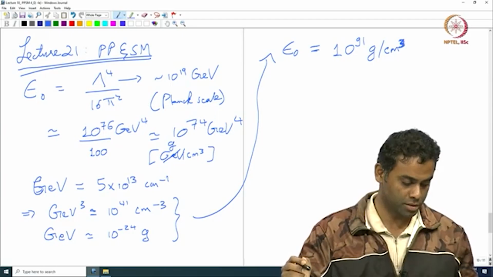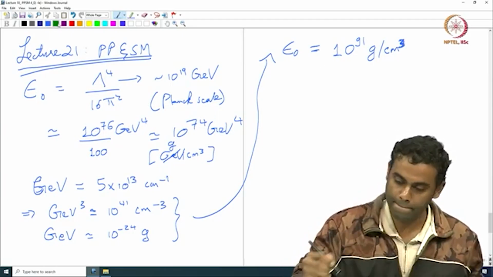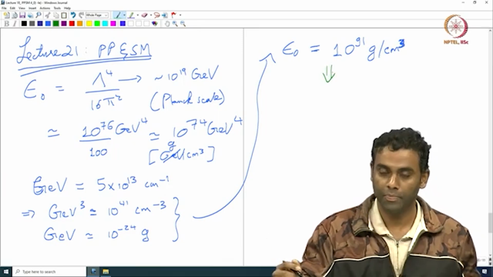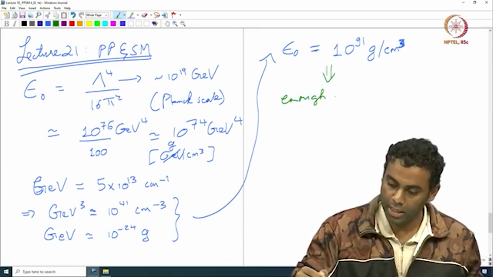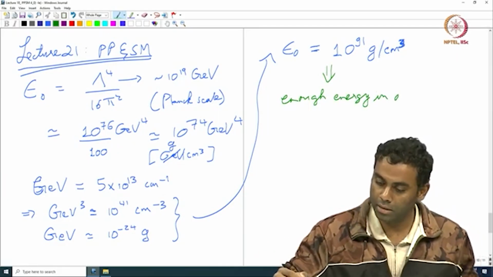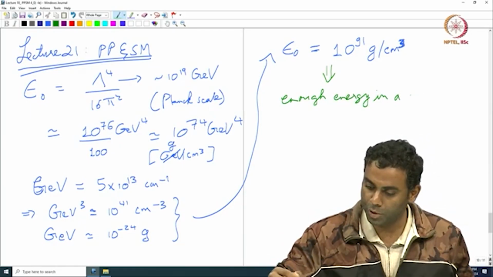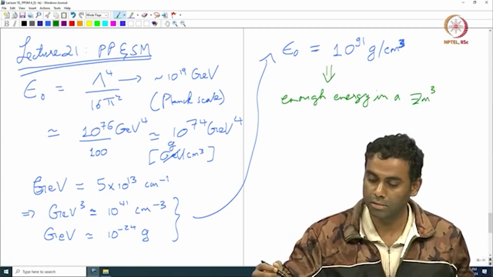To give you some numbers, this corresponds to having enough energy in a zeptometer cubed. What is that?